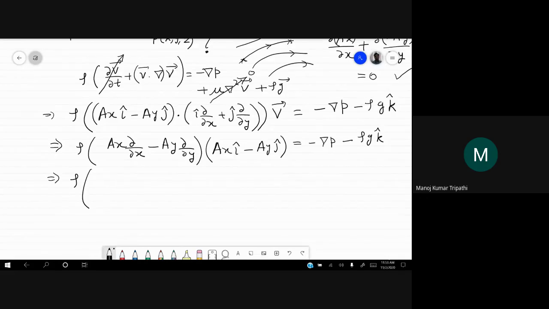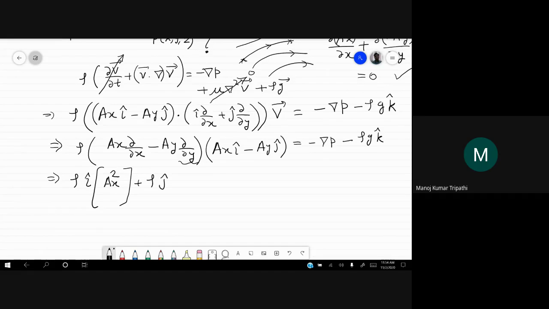Ax dou by dou x acting on that velocity field. So let us take component wise. Ax I cap, so let us take the I component. I cap ax, that becomes a square x, dou by dou x of x is 1, then dou by dou y of x will be 0, so only this term will remain here.